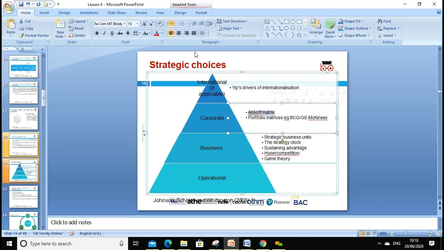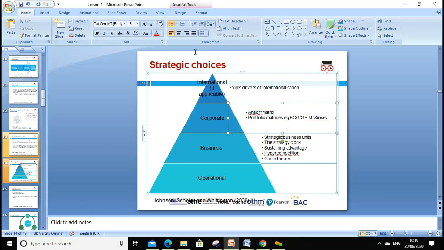Market development is existing product into a new market, then product development, new product into an existing market, and diversification, new product in a new market. There are four types of strategies according to Ansoff. Ansoff was Russian, a mathematician. He gave this approach, and it's very popular when we develop strategies.